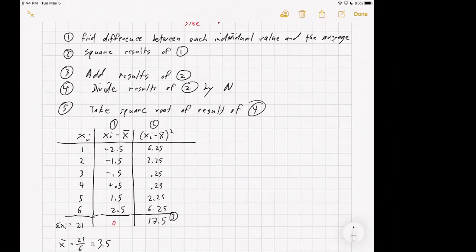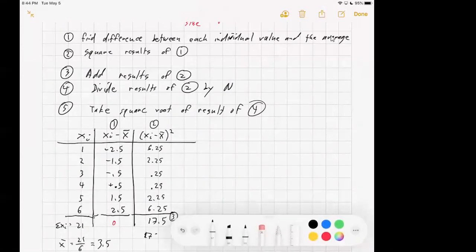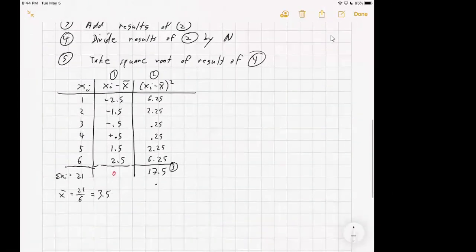So this was the sum. Now we're going to divide that by n. Let me write 17.5 more clearly, 17.5 divided by 6.